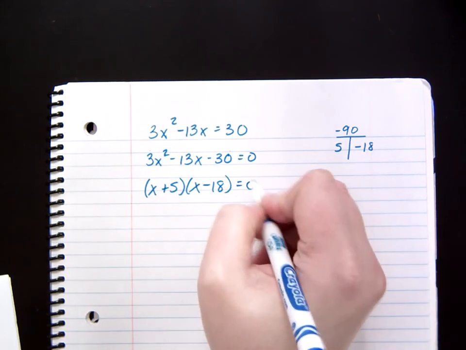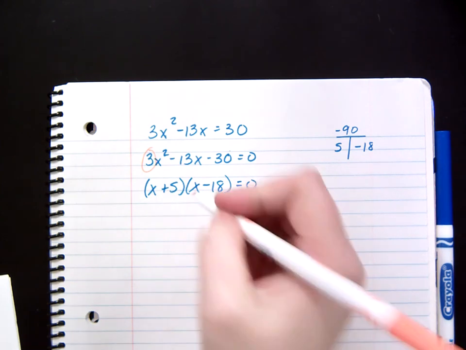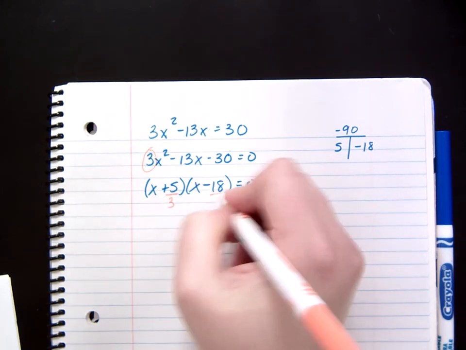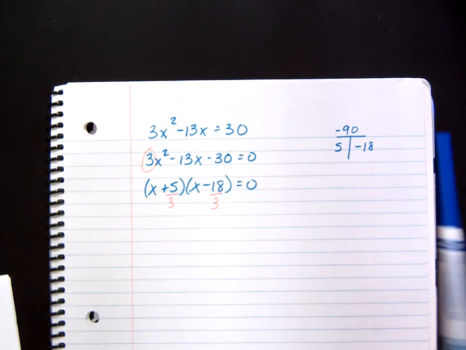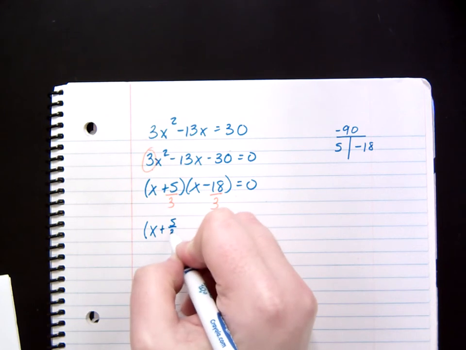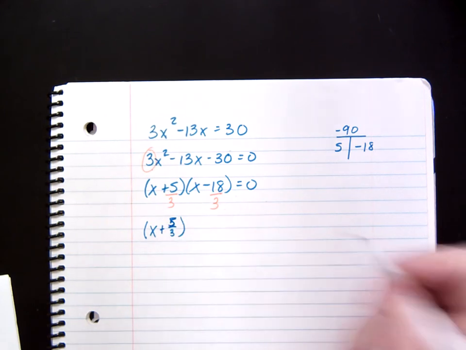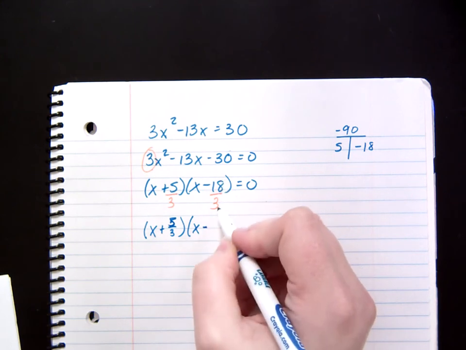But again, because this is one of the ones that had an a value not equal to 1, there's an additional step we have to do before it's fully factored. And that's divide by the 3 up there. Now, x plus 5/3 is not going to simplify, and x minus 18/3, well, that does reduce to 6.